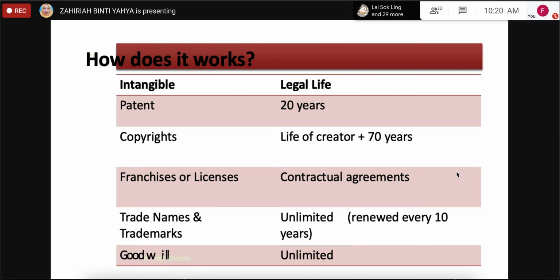So kita gunakan interest rate, kadar pinjaman tu, sebagai discount rate, sebagai rate of return, ya.